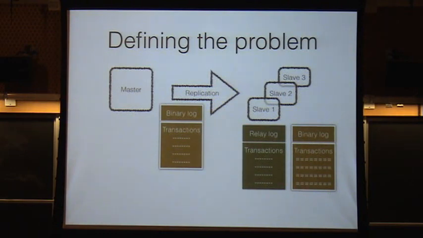The thing that happens is what you have in the binary log of the master is the same that you have in the binary log of the slave, but not necessarily in the same order. Actually, most of the time, it is in a different order, in a different file, in a file of different size.